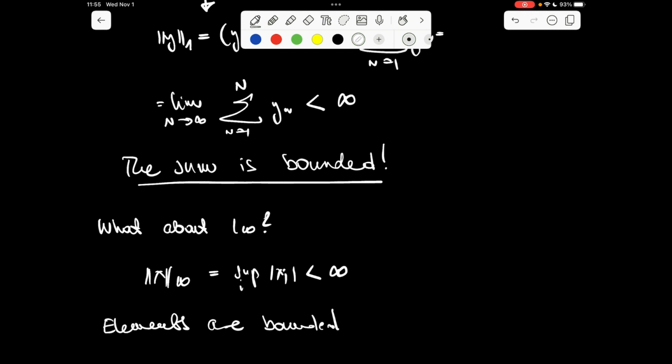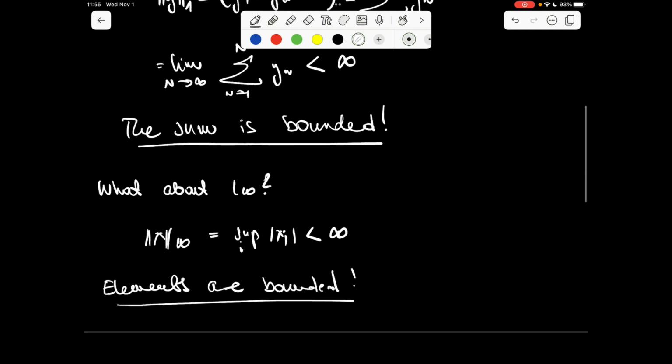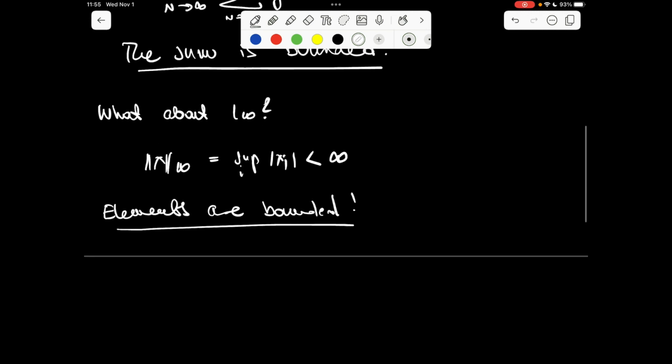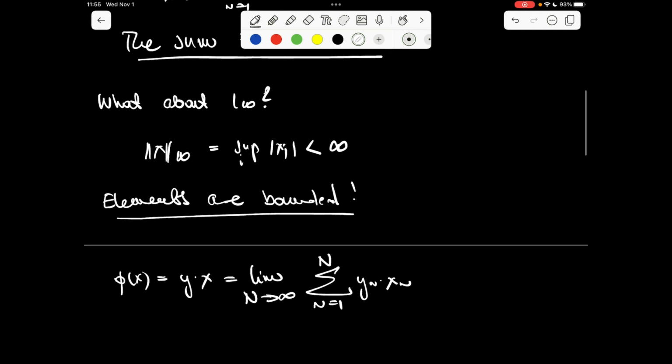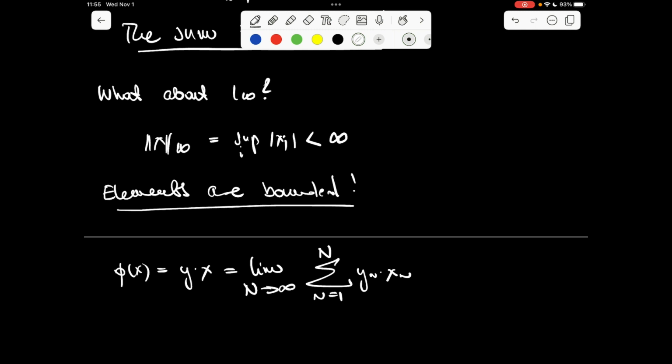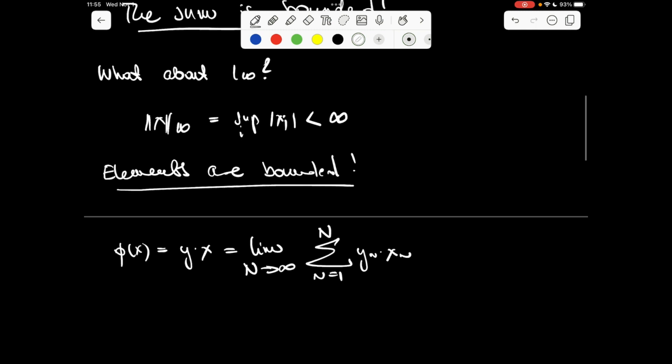These are important details because what we are interested in is the inner product representation, and we need to make sure that the sum is well defined.